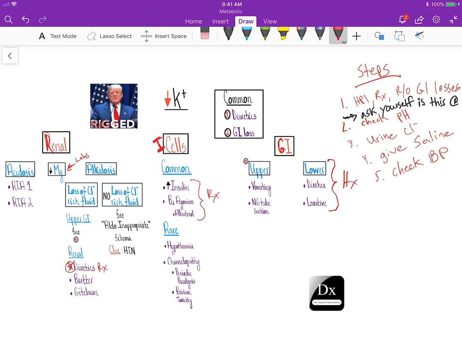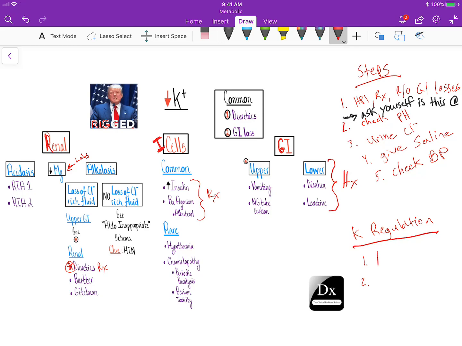So pretty cool. Another thing to know is that potassium regulation occurs strictly at the collecting duct, and it's determined by two things. So maybe I should write this down. I'll put K regulation. It occurs at the collecting duct, but it occurs for two reasons. Okay.